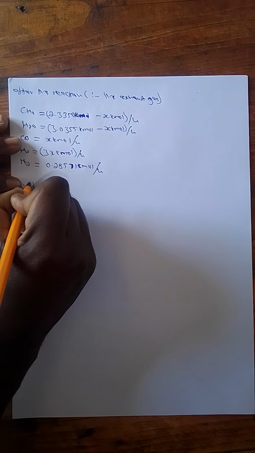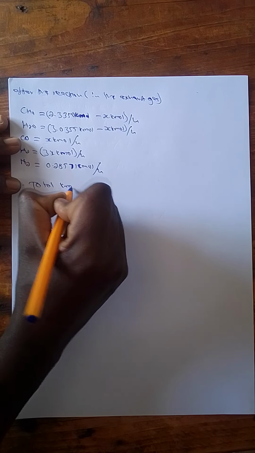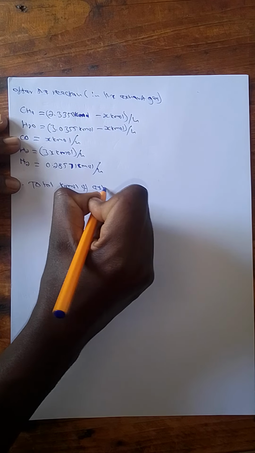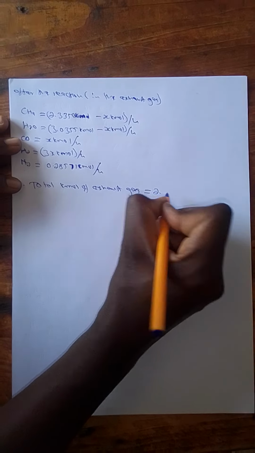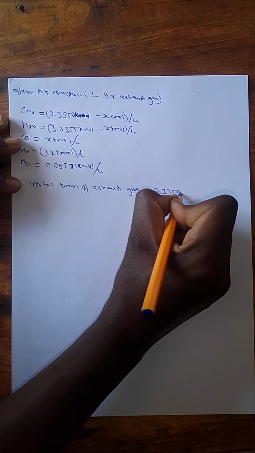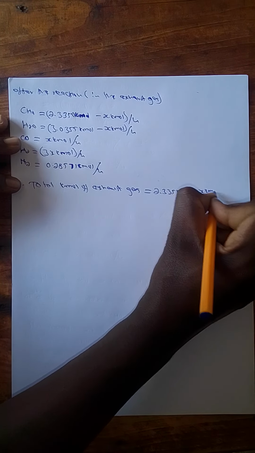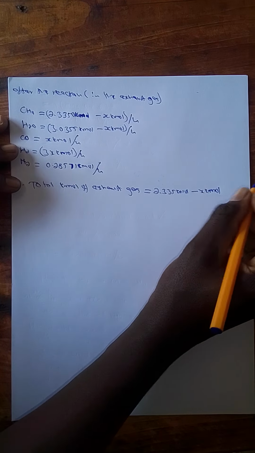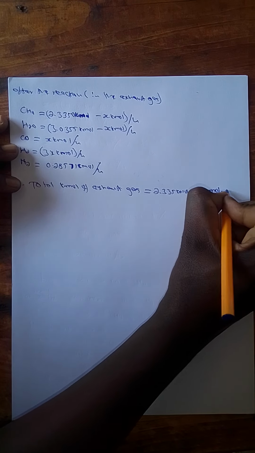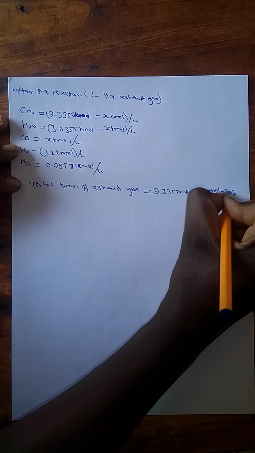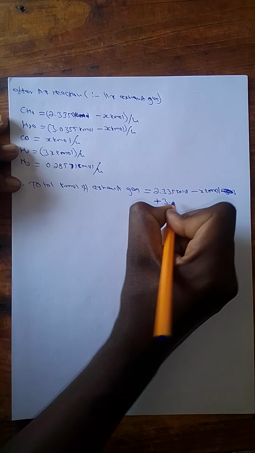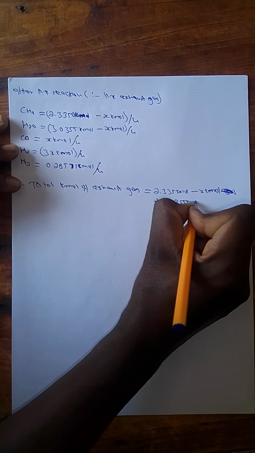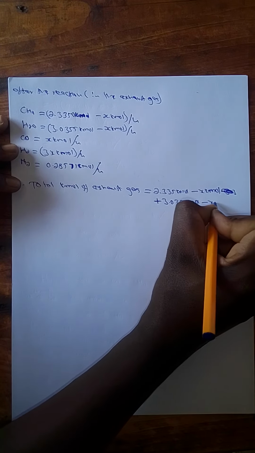So I can just add up this whole thing and say, therefore, total kilomole of exhaust gas is equals to 2.335 kilomole minus X kilomole, minus 3.0, plus 3.0355 kilomole minus X, right?